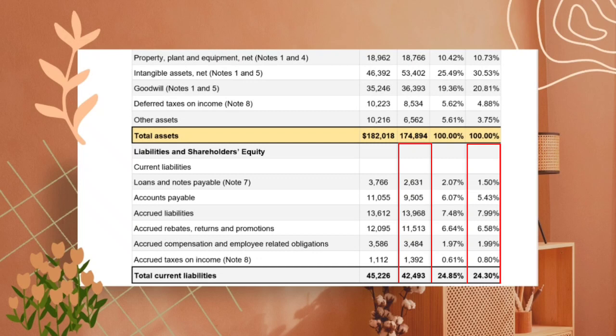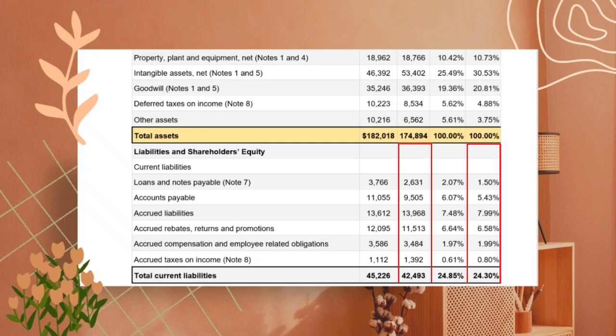Accrued liabilities 13,968 divided by 174,894 times 100% is 7.99%.